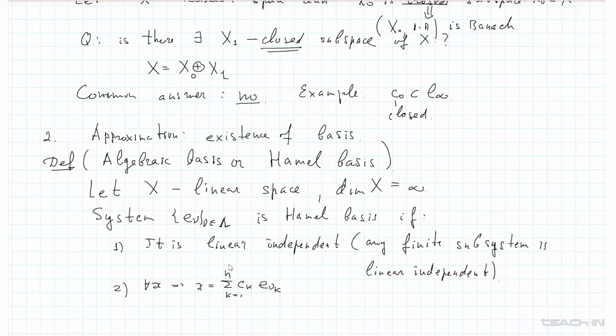The theorem states that for any linear space with infinite dimension, the Hamel basis exists, but it is a useless theorem. We can only claim that it exists, but we have no method to construct it.